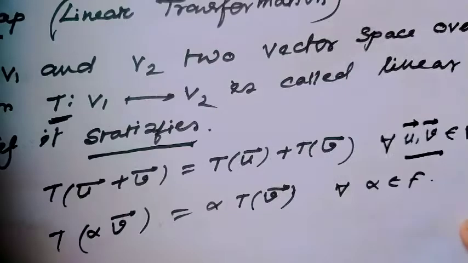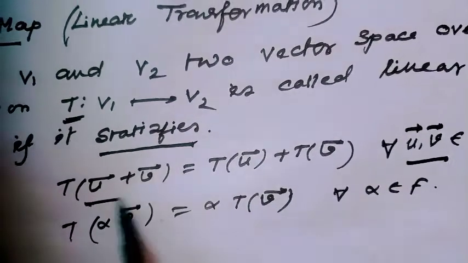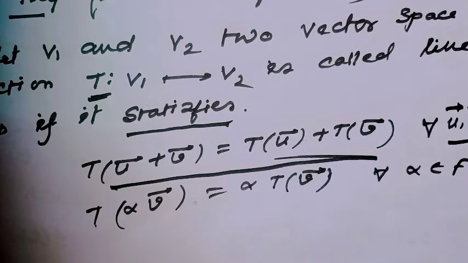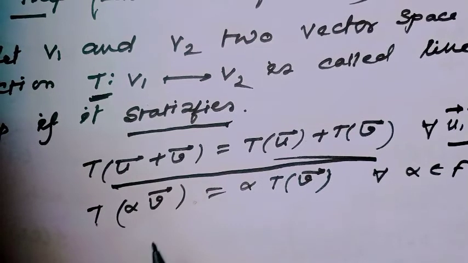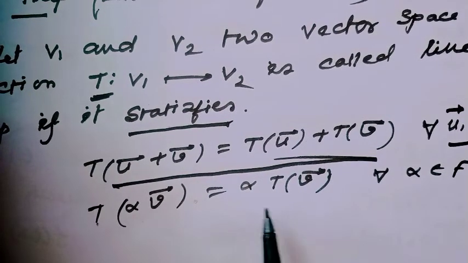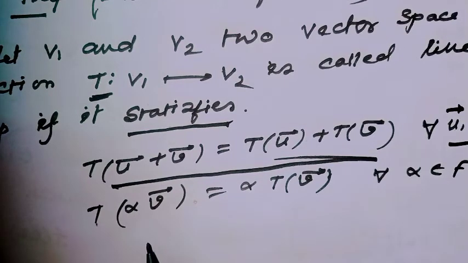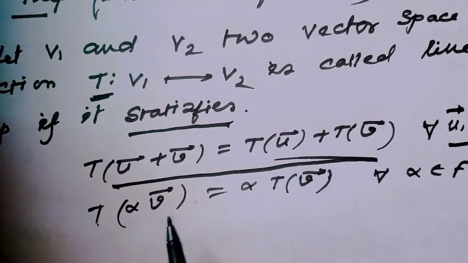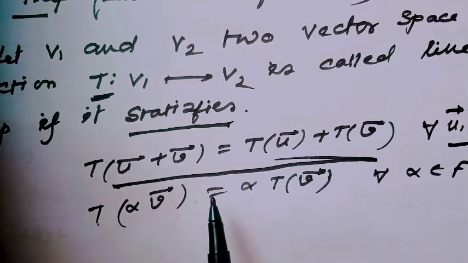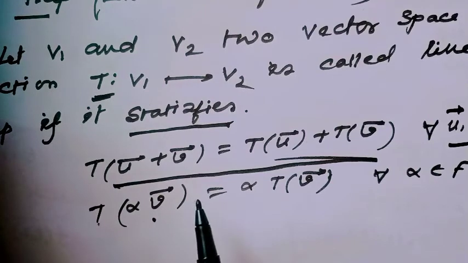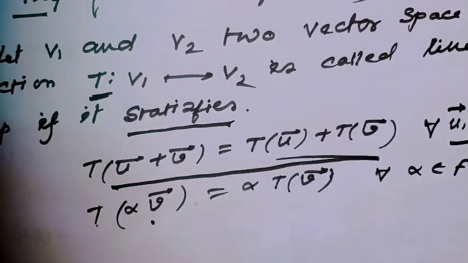Are you getting this discussion? Well, and the second property is T of alpha times v equal to alpha times T of v. That means if you take a vector and multiply it with a scalar, then this is equal to alpha times T of v.